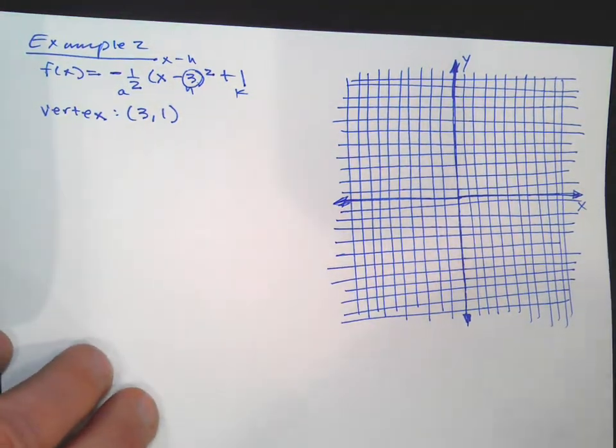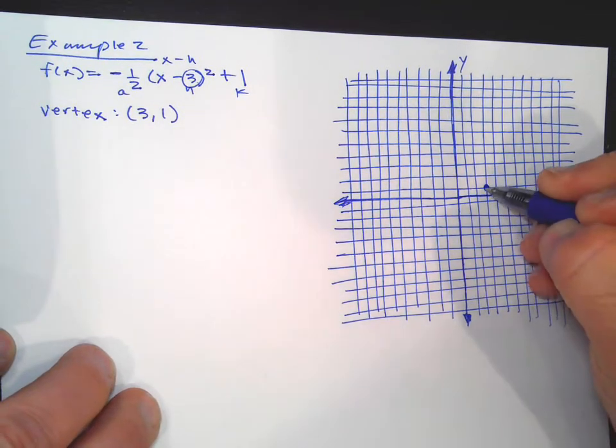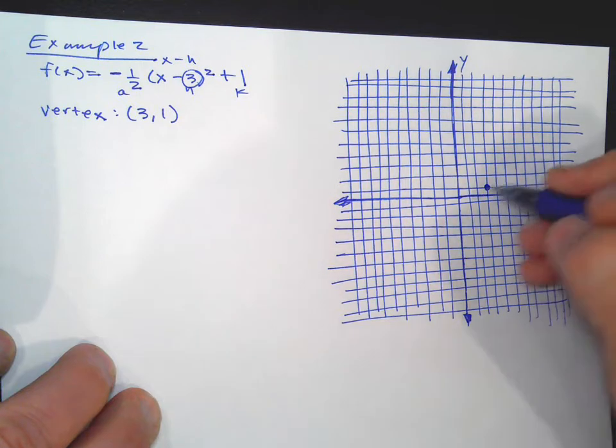So the vertex is (3, 1). So we can put that on here. Right 3, up 1. That's our vertex.